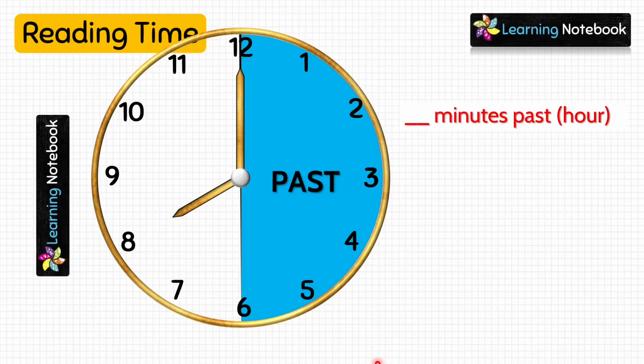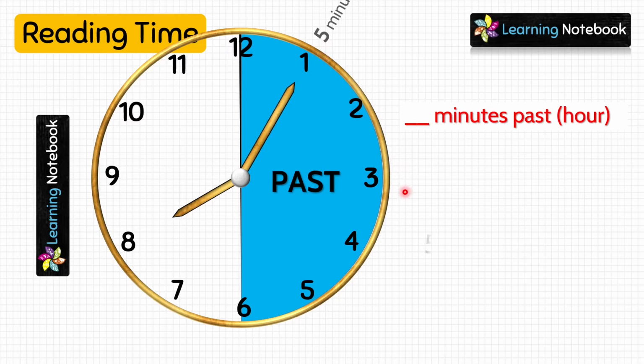Now let's see some examples when the minute hand is on the right side of the clock, that is in this blue part. As of now, the clock is showing the time as 8 or 8 o'clock. Now, when the minute hand moves to 1, 5 minutes have passed.